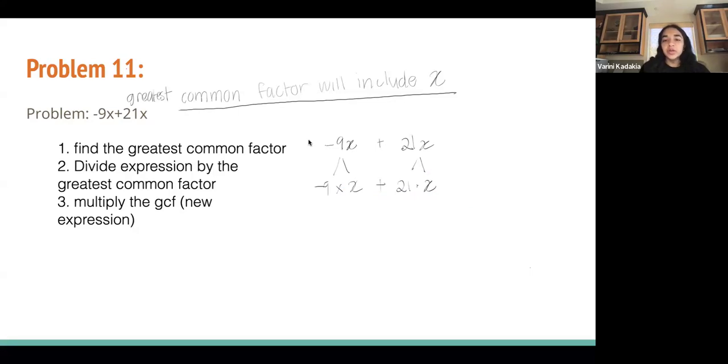Okay, so now we have factored, we have found two factors of each term. For negative 9x, the two factors are negative 9 and x. Then for 21x, we have two factors, 21 and x.